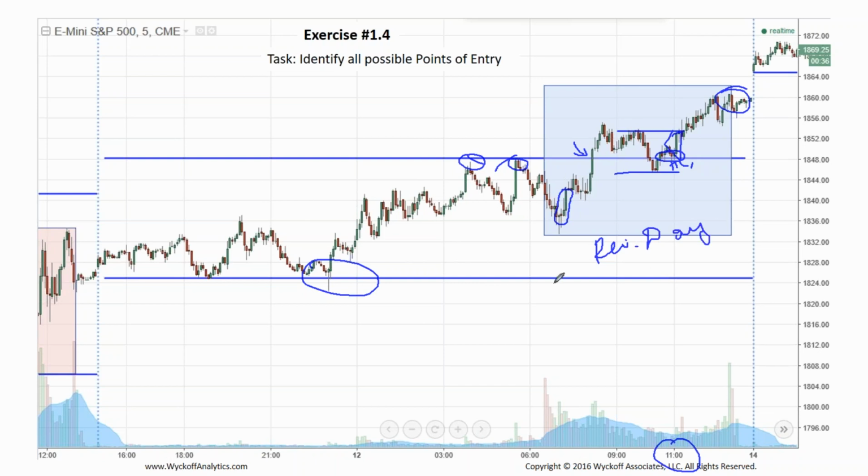If this is a reversal day, plus the daily structure is telling us that we are either in a secondary test in A, B, or it's just phase C. In all of these scenarios, the bias is what?